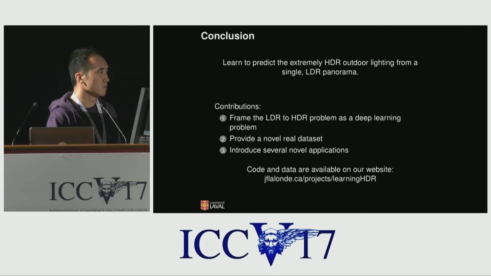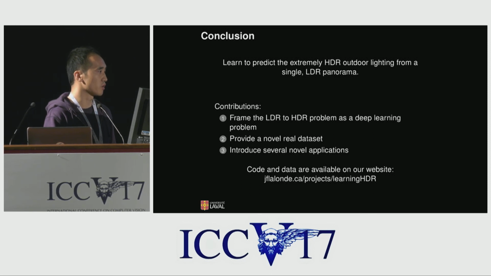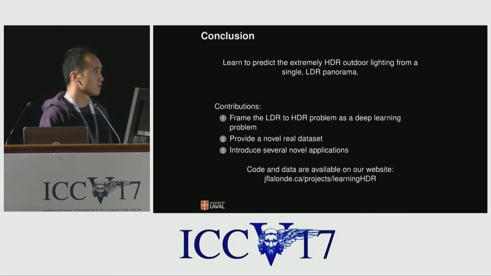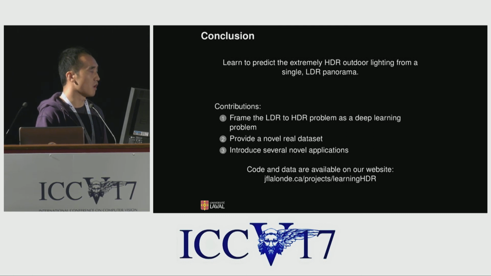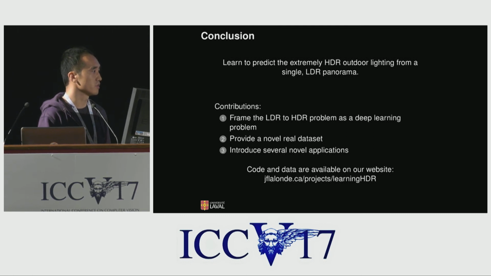I think the lighting is inferred both from the sky appearance and also from the hints from the ground, like the highlight from the ground and the shadow from the ground. So our network can hallucinate the saturated region in the sky. Did that answer your question?